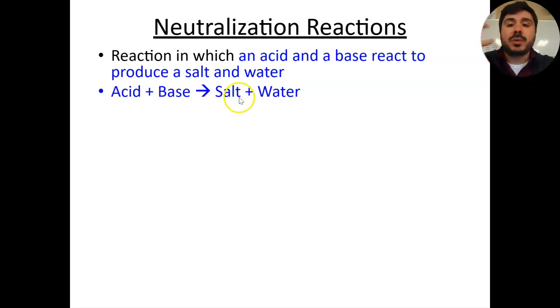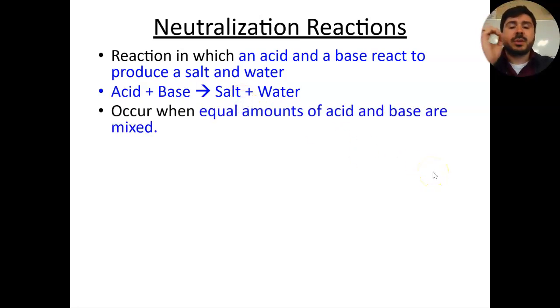Whenever you talk about salt in the realm of chemistry, guys, any kind of salt is just a general ionic compound. So ionic compounds could really be anything. It could be KCl, or a number of different ionic compounds, all the different ionic compounds that we learned about back in chapter 5, back in November, December, guys. They're always going to be different types of salts, right? It's just a basic way of calling something an ionic compound if it's a salt.